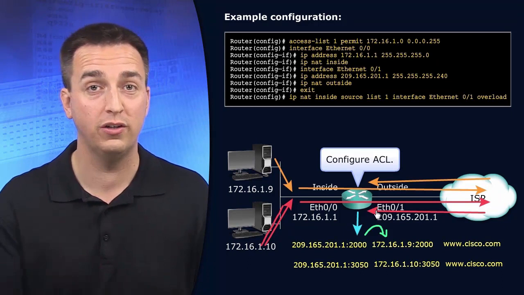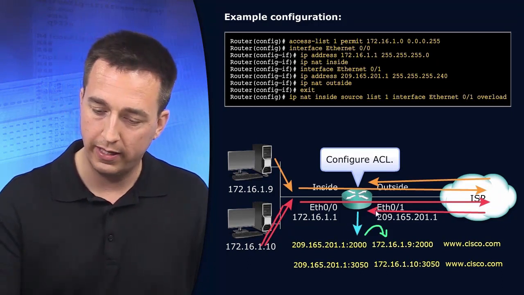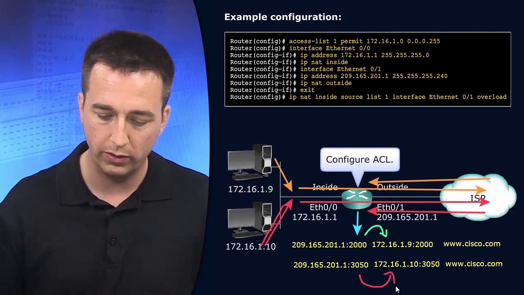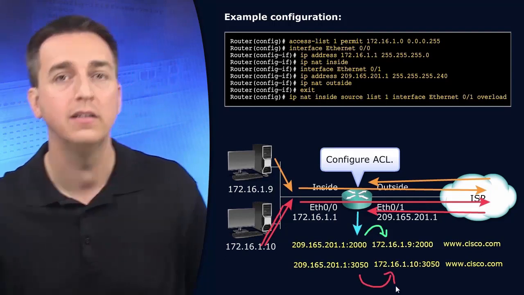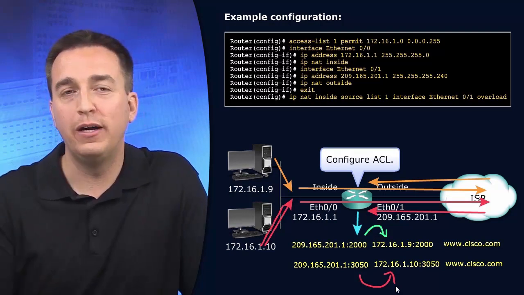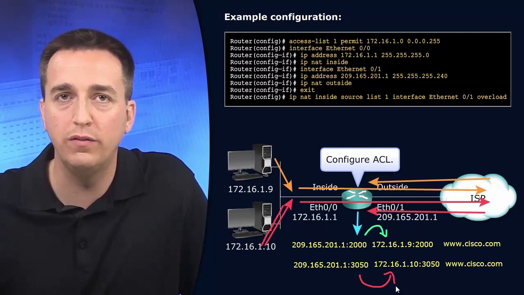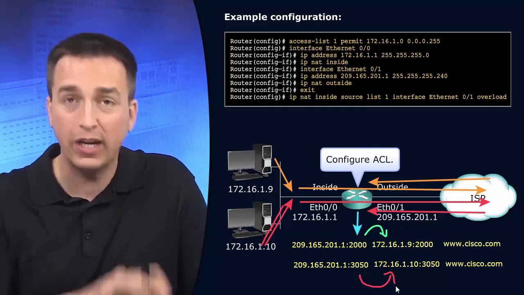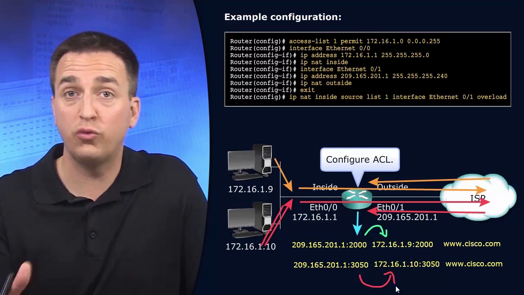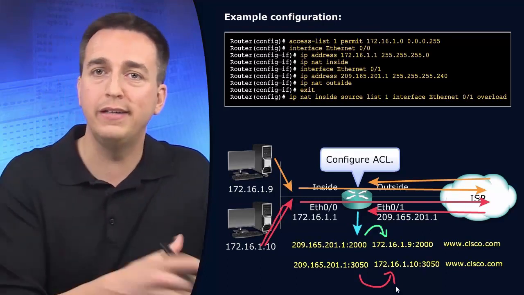So since the port number is 3050, the router looks at that and says, oh, I must translate that to 172.16.1.10, port number 3050. So that's how PAT works. The router has the ability to keep track of all of this information based on IP address and port number to make sure that the traffic is successfully translated out and translated back in.